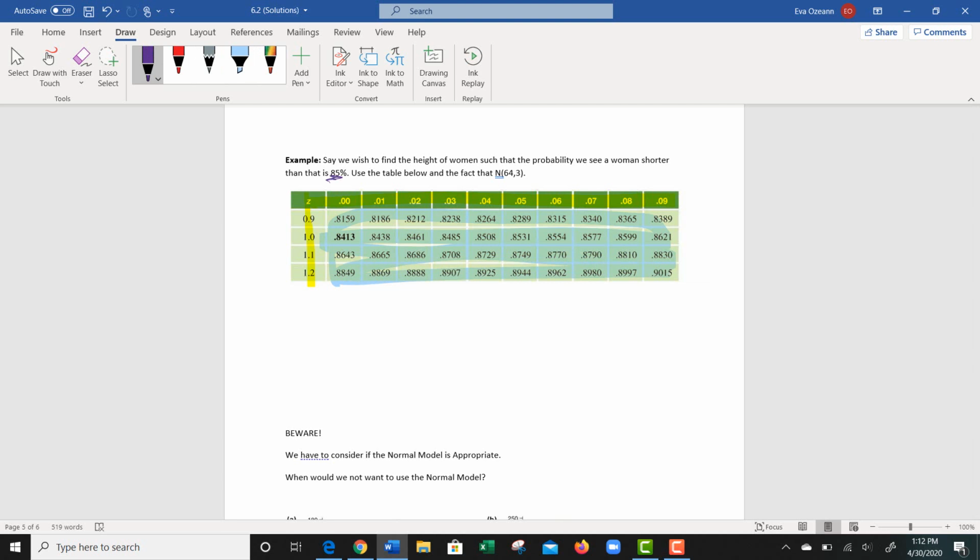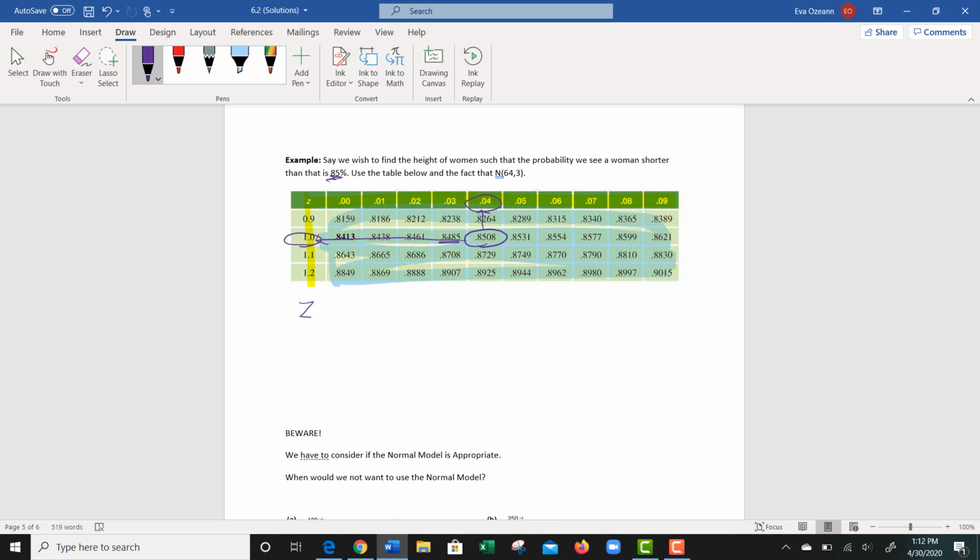When I look at the Z-score table, the number that I find closest is 0.8508. If you wanted to do this one, that's fine. Now that we have the percentile we want, which is 85.08, we're going to find the Z-score that's associated with that.